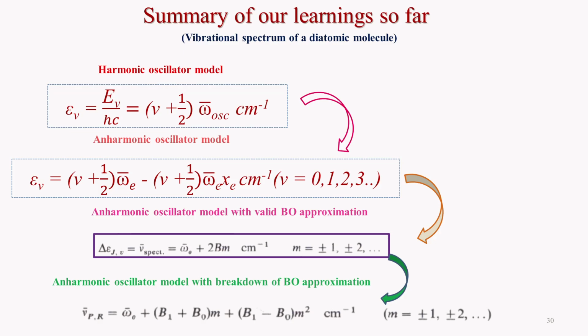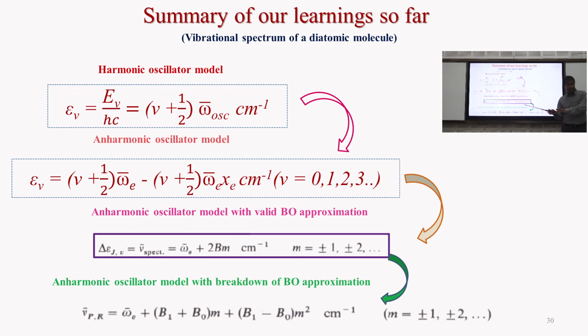Instead of the harmonic oscillator, we consider the anharmonic oscillator, which allows you to think of the bond-breaking event. For that, the energy level expression changes from the half kx squared parabolic expression to the Morse expression, and that's why you get a different expression for the energy levels. Now this allows you to get multiple bands.